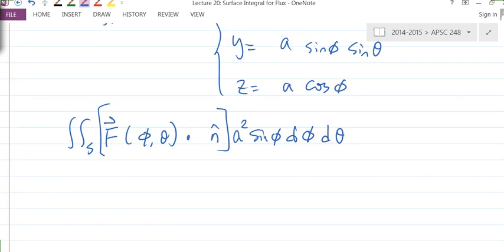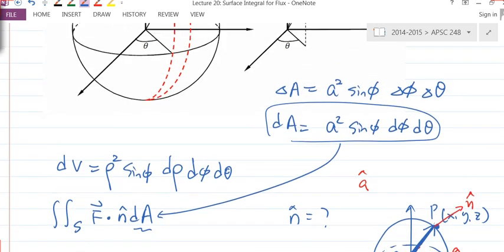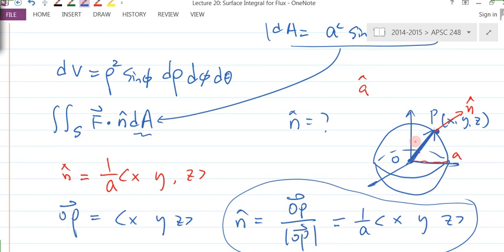Okay. So the next question is, how do I get the limits for phi and theta? You're doing an integral, so you have to find the limits. If this is a surface, maybe a half sphere, maybe a quarter, who knows, how do I find phi and theta?